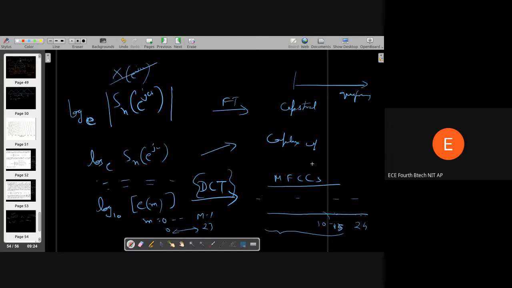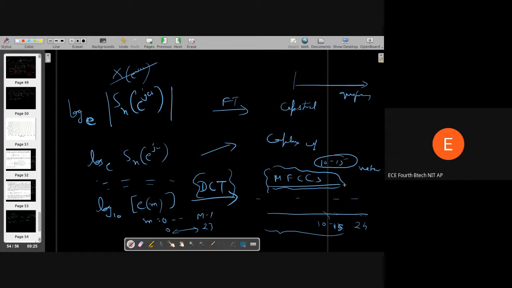So it now becomes a 10 to 15 dimensional vector for every frame of speech. We extract these Mel frequency cepstral coefficients and get a 10 to 15 dimensional vector. This set of numbers, which we express in vector form, is extremely important.